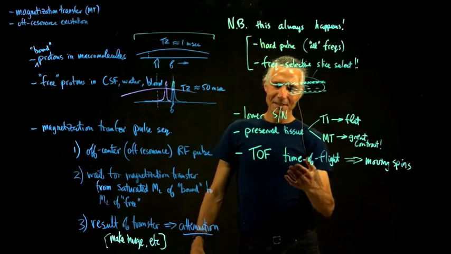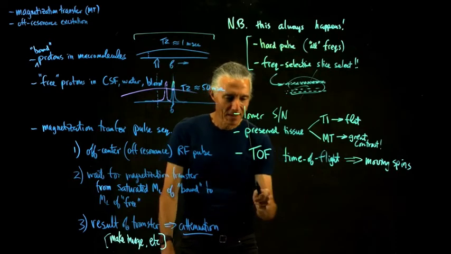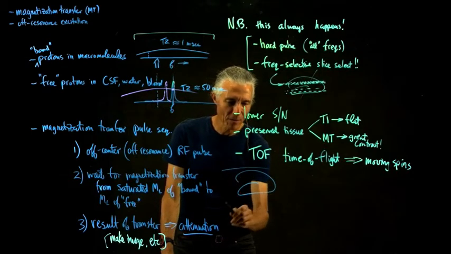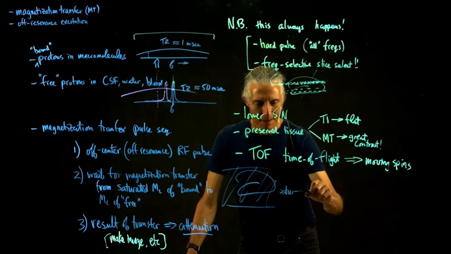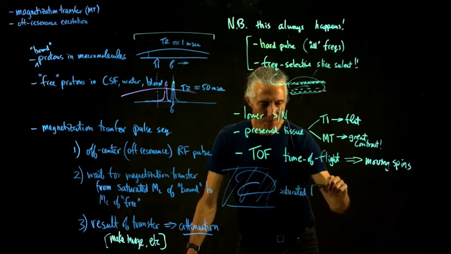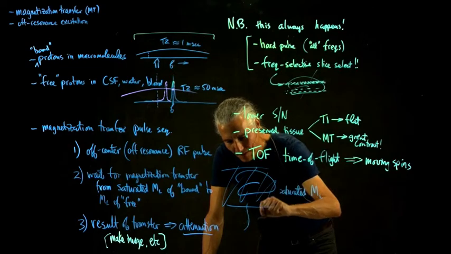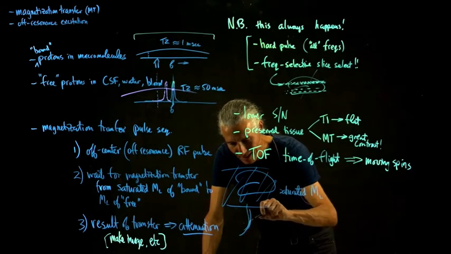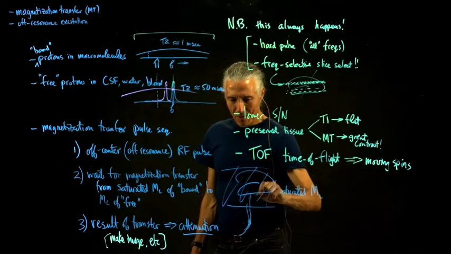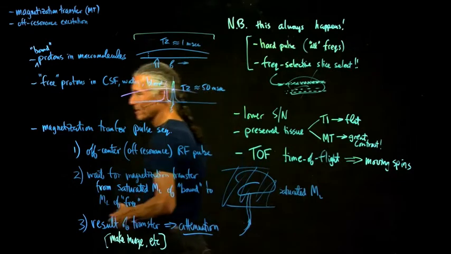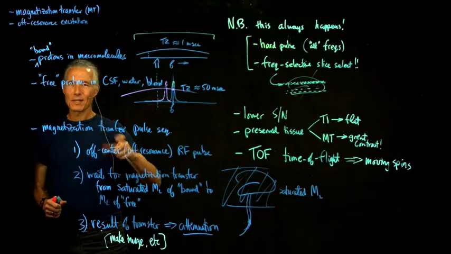All you have to do is a T1 weighted scan, and because you're hammering away at this part, these spins are saturated, but you've got some nice unsaturated blood powering in there, and when that blood gets up into the slice, there's going to be some nice fat longitudinal magnetization that will give you a big signal.